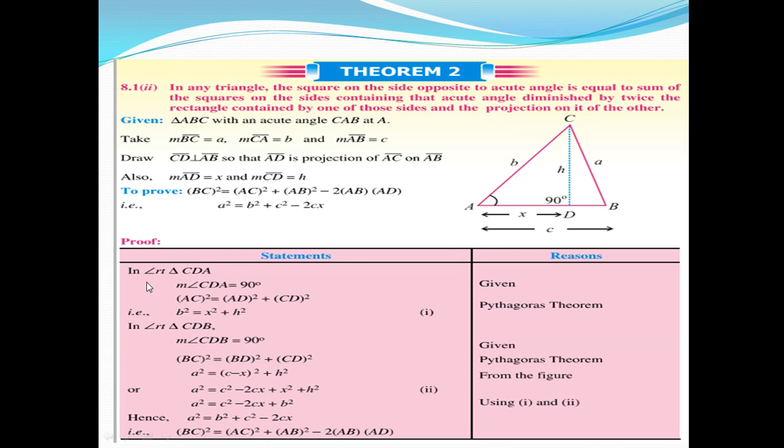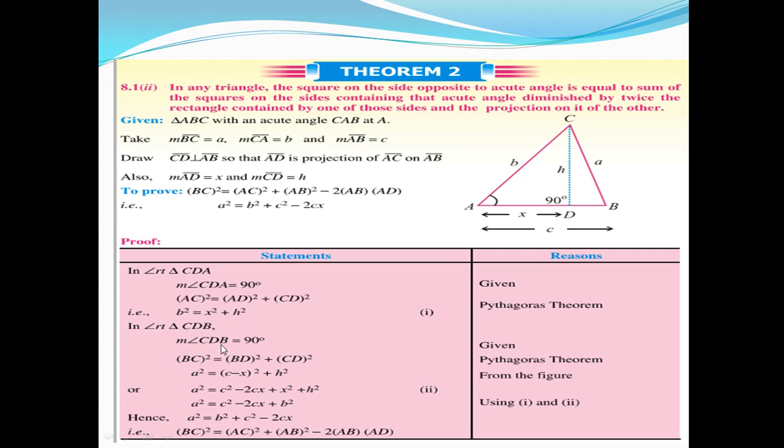Proof. In right angle triangle CDA, angle D is 90 degrees. Using Pythagoras theorem, hypotenuse square is equal to the sum of the perpendicular square and base square. Then we get b square is equal to x square plus h square.